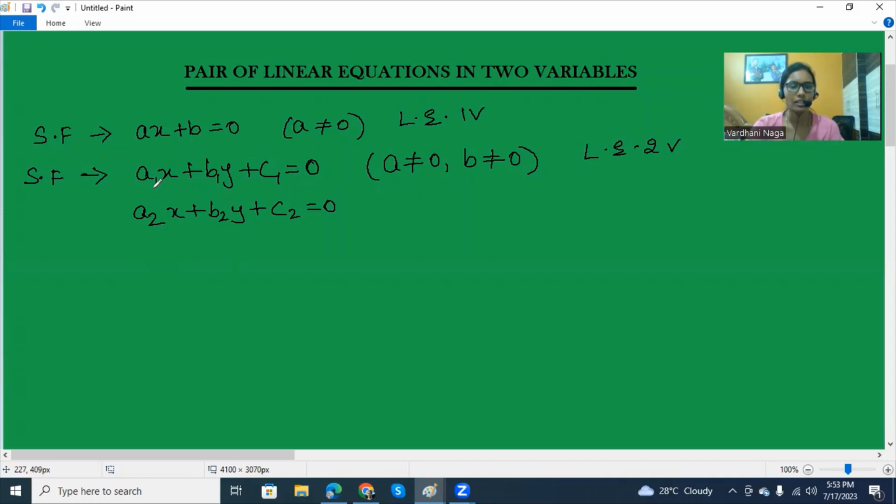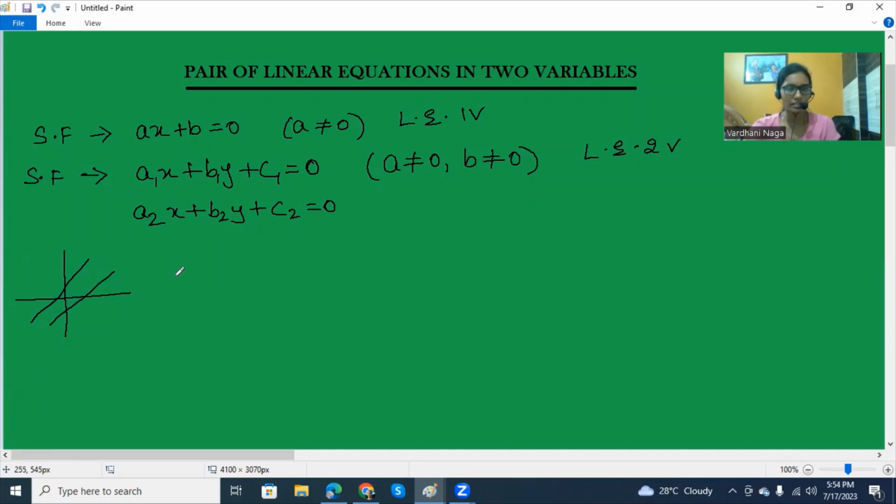Here a1, b1, c1, a2, b2, c2 are the coefficients, and they belong to real numbers, and x and y are the two variables. One more point we need to remember: when we draw the graph for these linear equations, we always get a straight line.